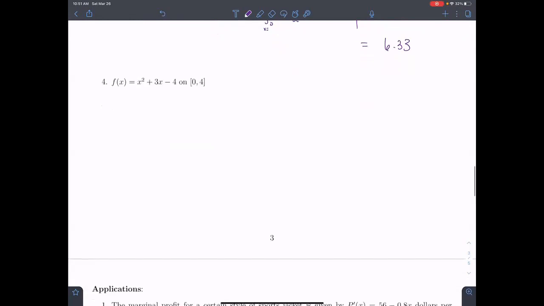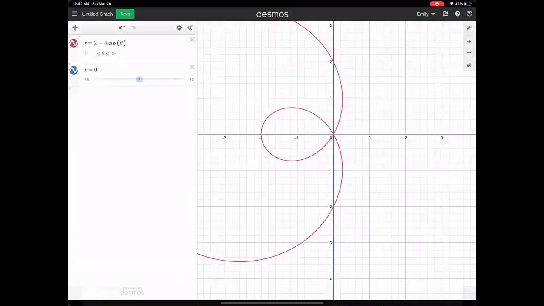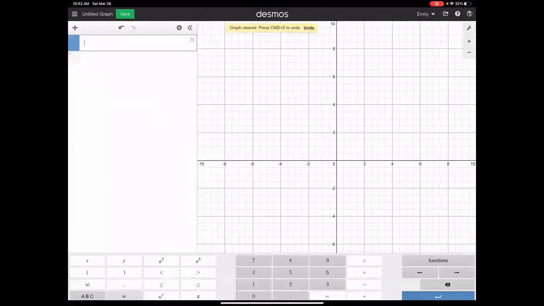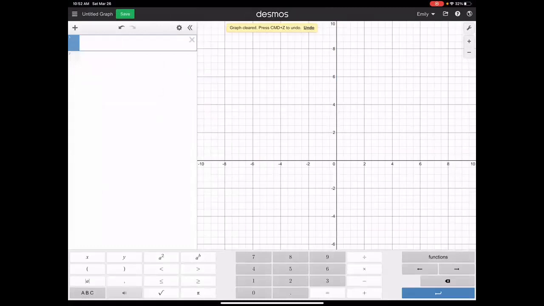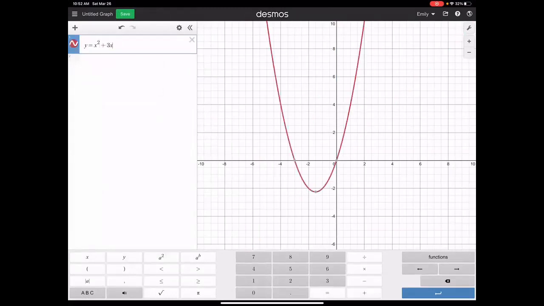Okay, so here's our first example where we actually are going to have an x-intercept. So let's graph this thing. So if we look at y equals x squared plus 3x minus 4.